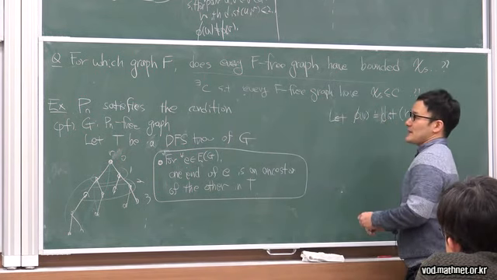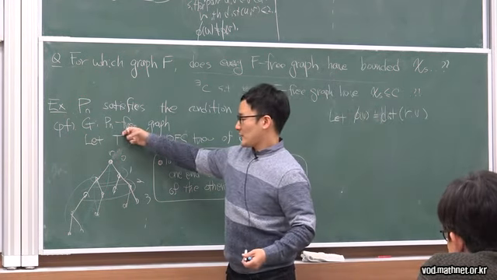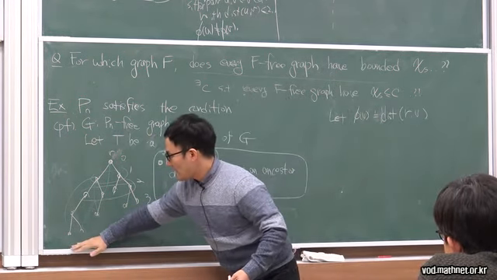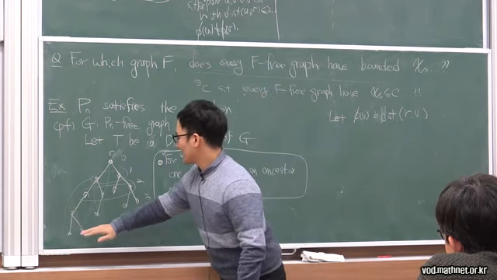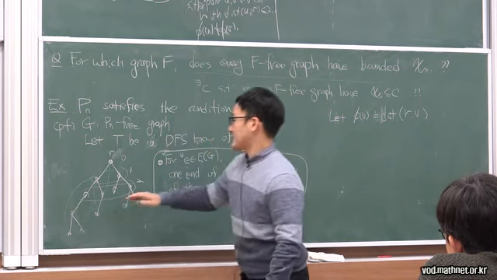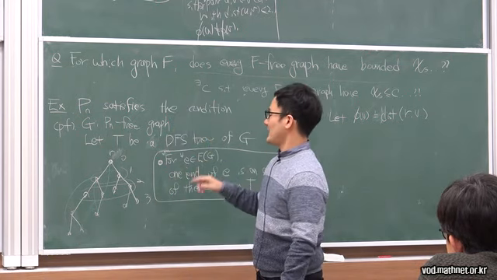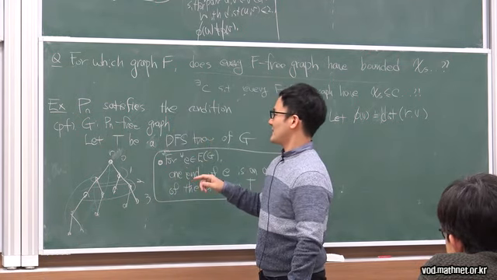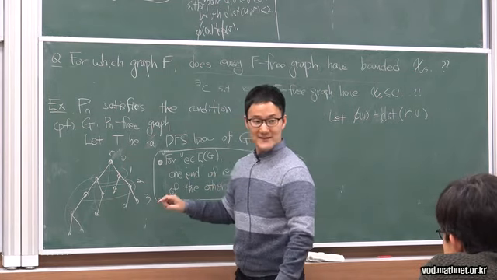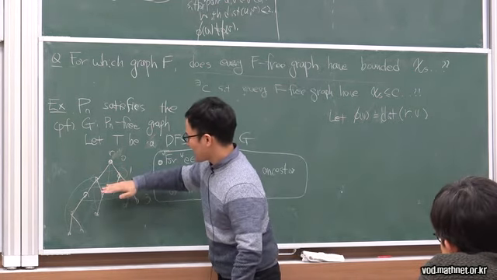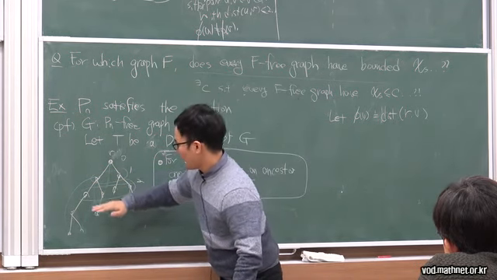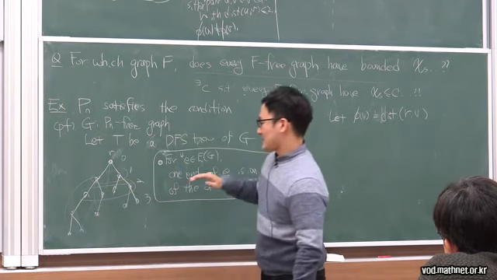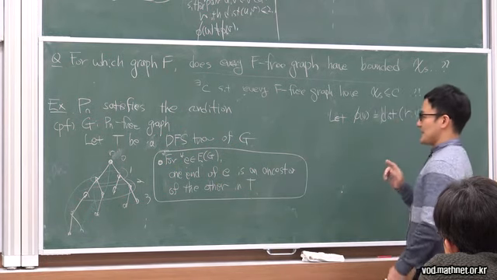And because G is P_n-free, the diameter is less than n, right? Okay. And the set of vertices in the same level is independent.